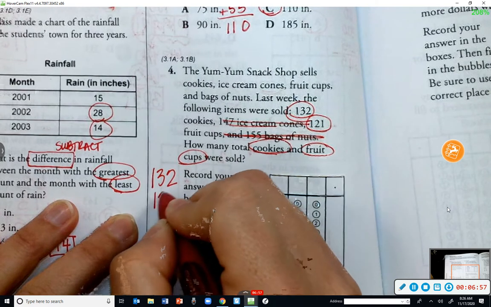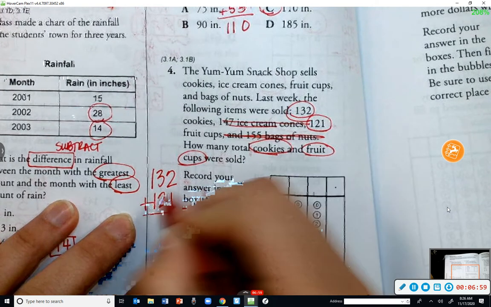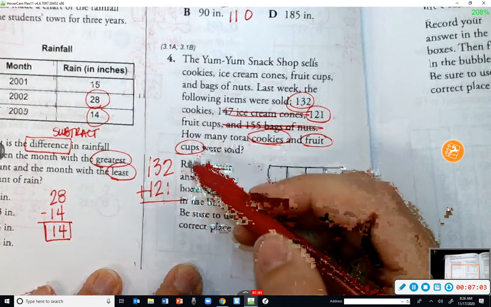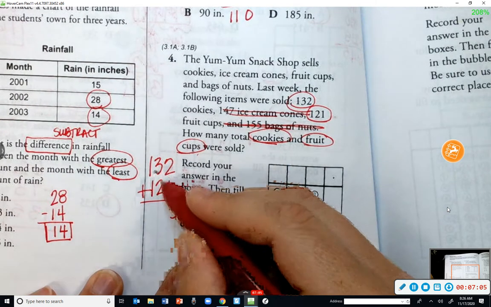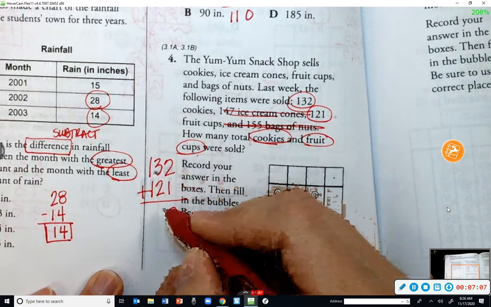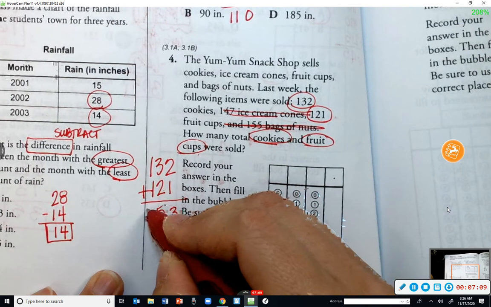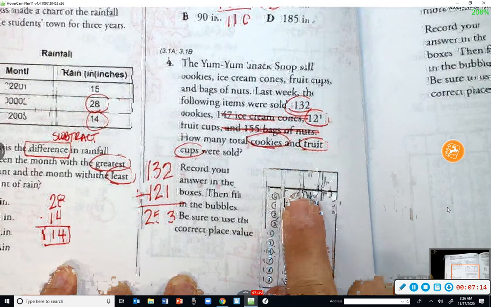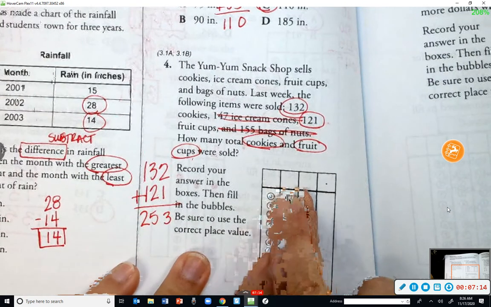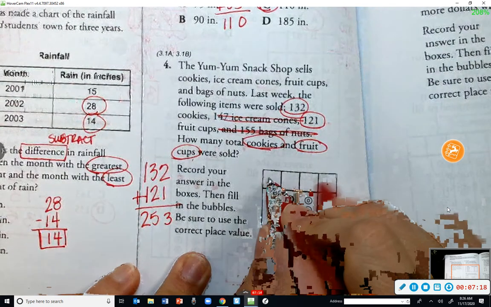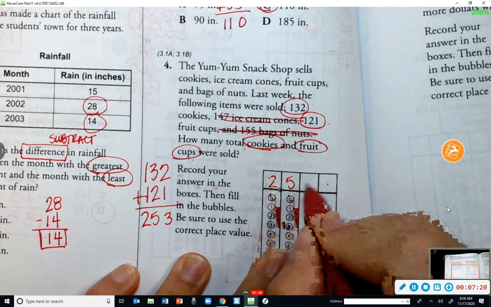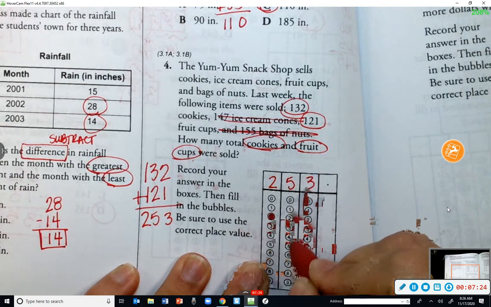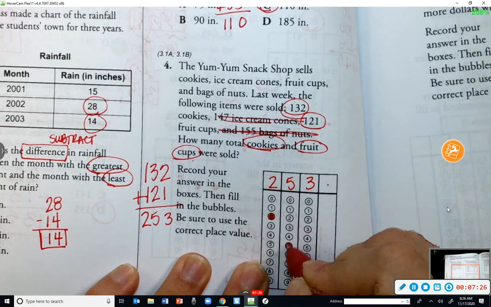We add those up. 2 plus 1 is 3. 3 plus 2, 5. And 1 plus 1. Okay, 253. We need to make sure we put it in the correct boxes, which there's only 3. So you put them in. 2, 5, 3. Bubble in 2, 5, and 3.